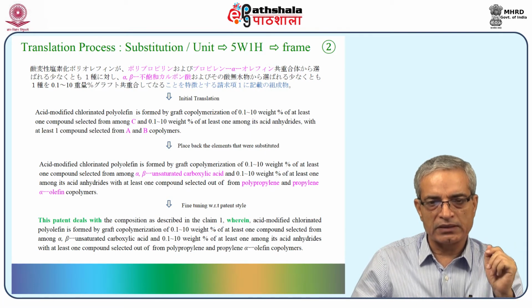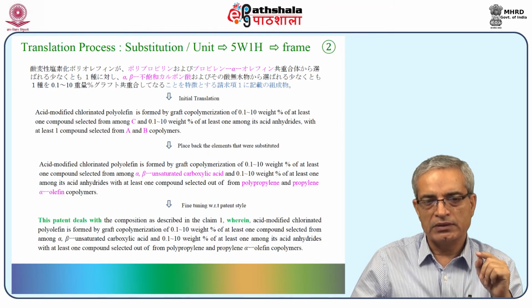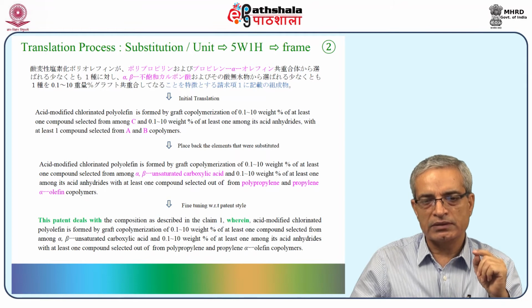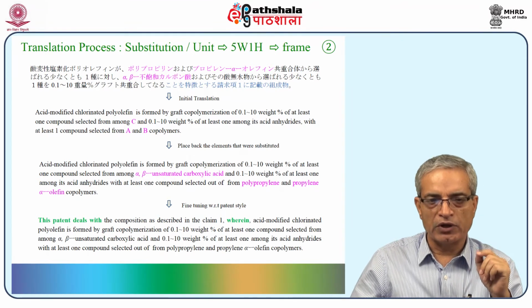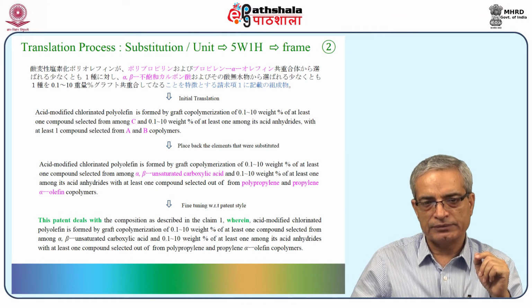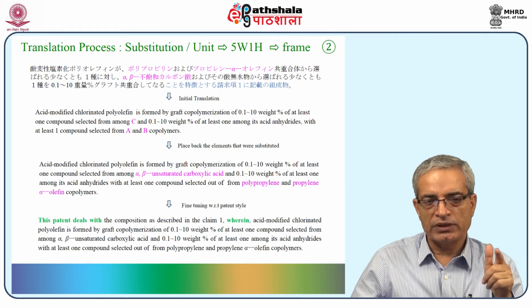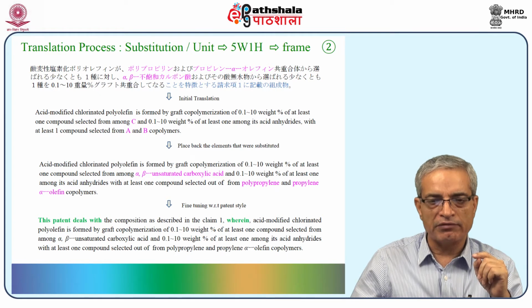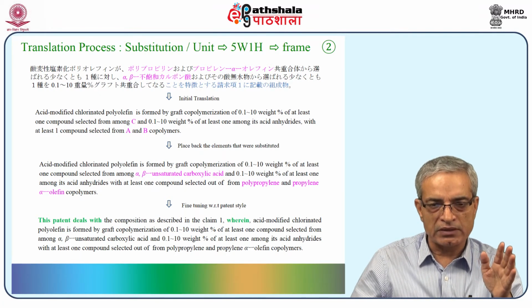Now let's place back the elements that were substituted. That means alpha beta unsaturated carboxylic acid, polypropylene, and propylene alpha olefin back for ABC. And the fine tuning is: this patent deals with comes here and wherein comes here. So this makes the sentence complete.